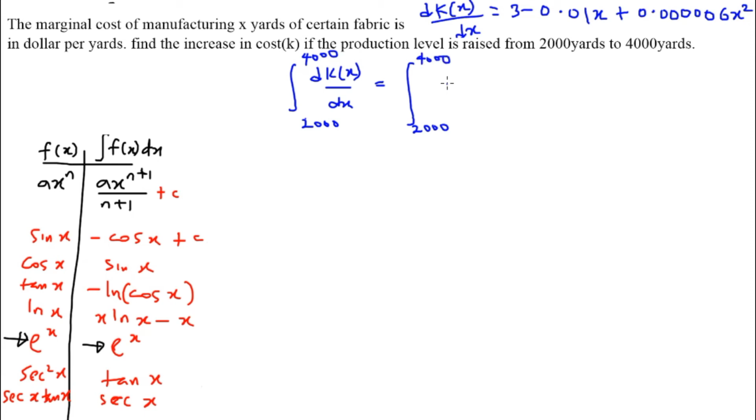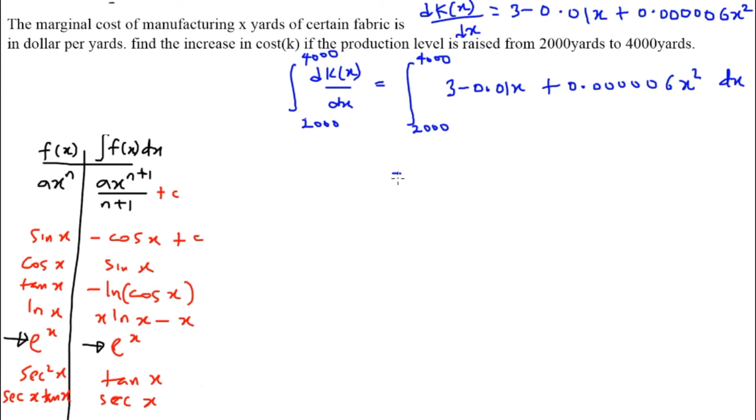So what do I want to integrate? I want to integrate 3 minus 0.01x plus 0.000000506x squared, and it has to be with respect to x.